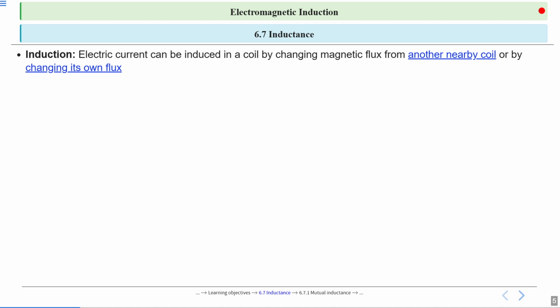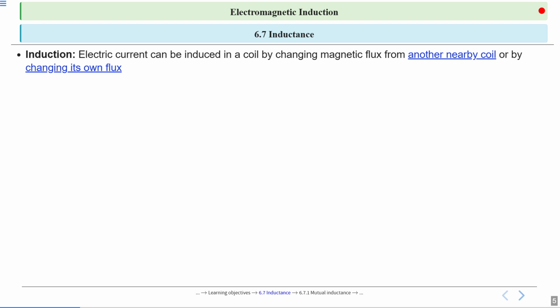So electric current can be induced in two ways. One way we are going to discuss in today's lecture and one way in tomorrow's lecture. First way is by changing magnetic flux from another nearby coil.